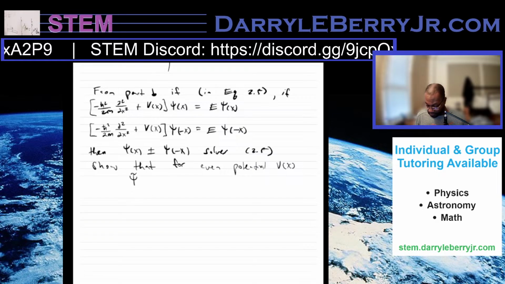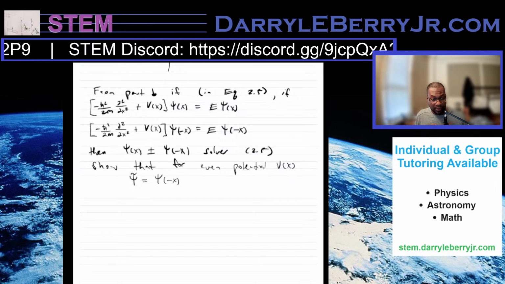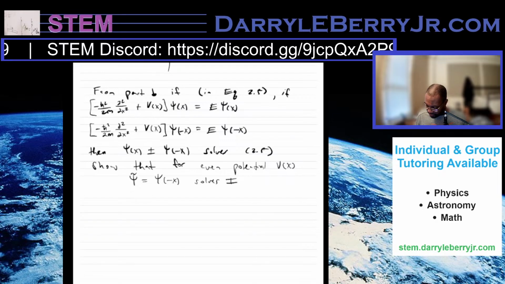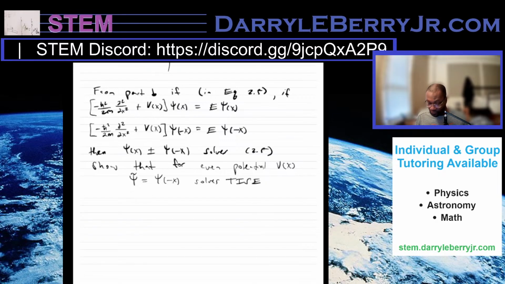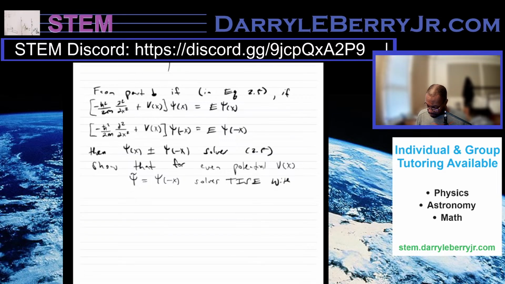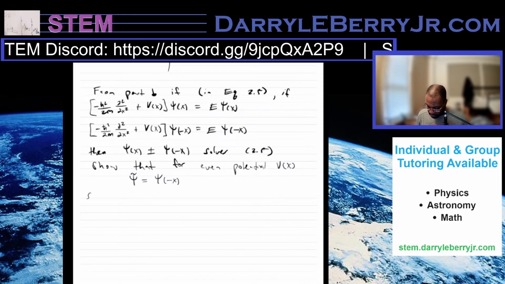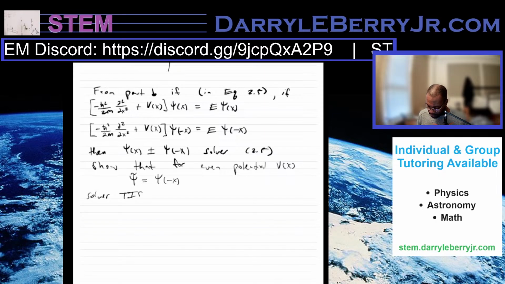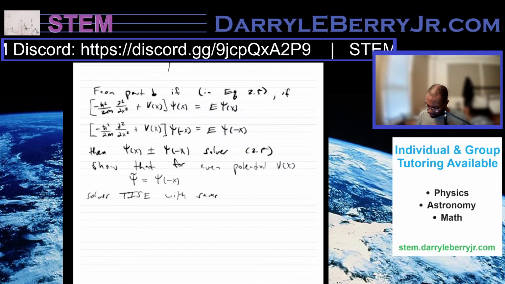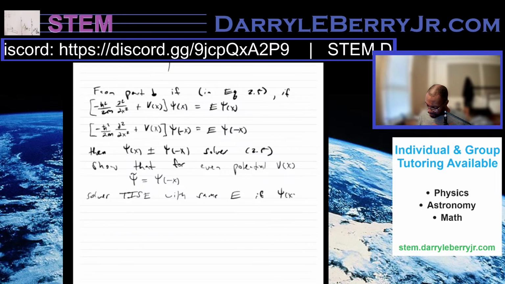Psi tilde equals psi of negative x. We want to show this solves the time-independent Schrodinger equation with the same eigenvalue E, if psi of x does.